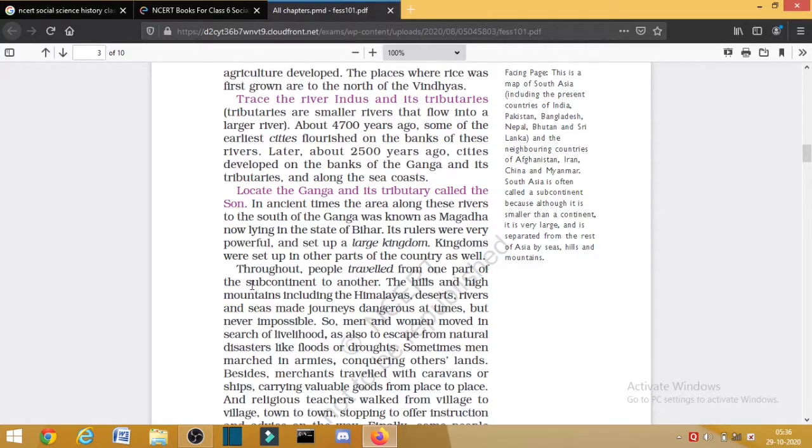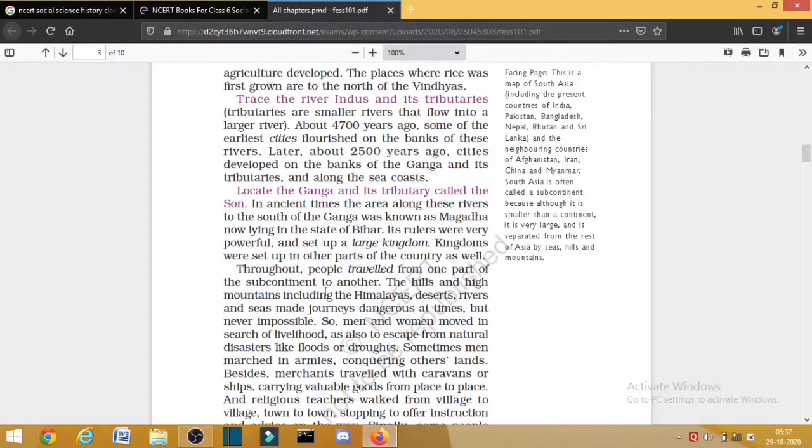So India is called a subcontinent. It has neighboring countries, Pakistan, Afghanistan, Sri Lanka, Nepal, Myanmar, Bangladesh, etc. Among those, India is a vast country. So this subcontinent refers to India.